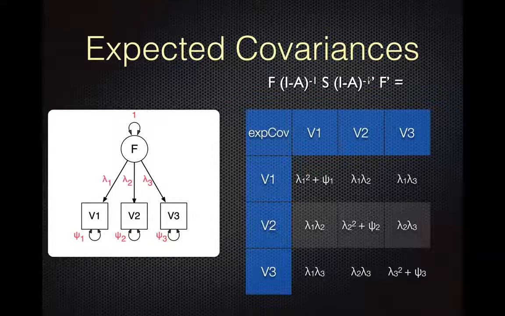This quadratic product would give us the covariance between all the variables in the diagram, and the quadratic for F simply reduces the rows and columns to only the observed variables. And it's at this point that we can inspect the expected variances and covariances in this matrix that we've calculated.